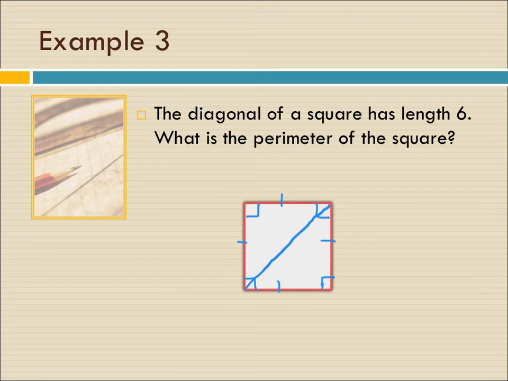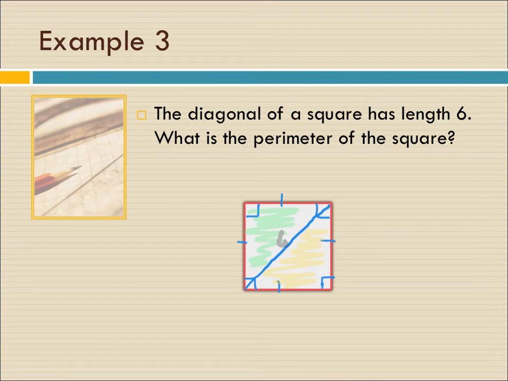So by drawing in this diagonal, I have now created two right triangles. All I need to work with right now is one of them. They told me the length of my diagonal here is 6.